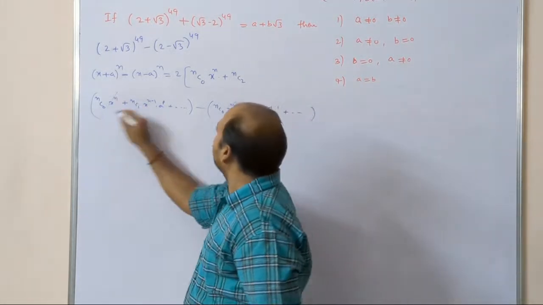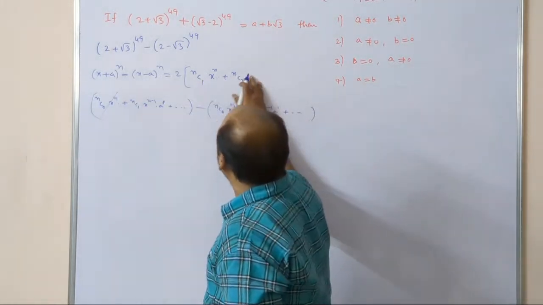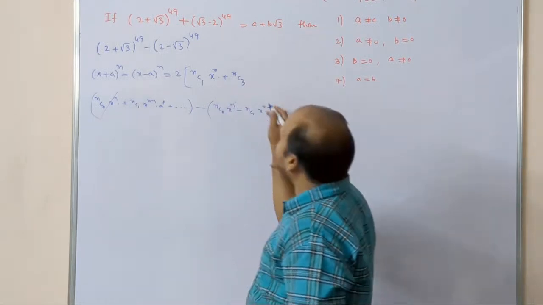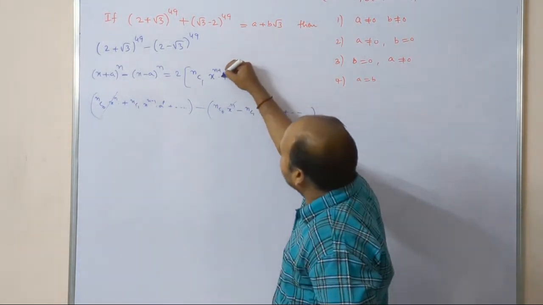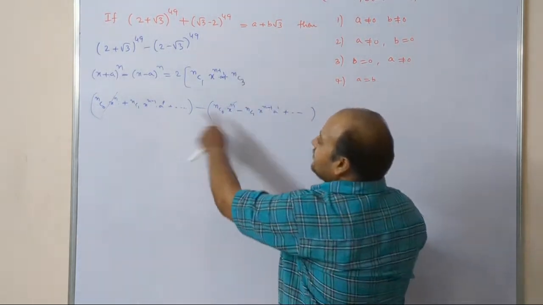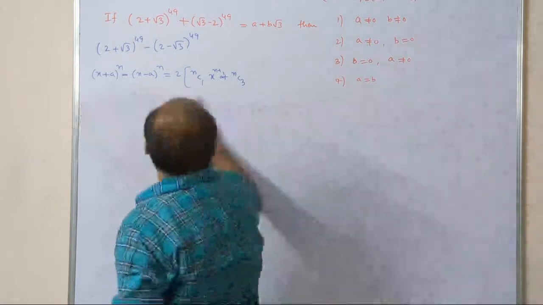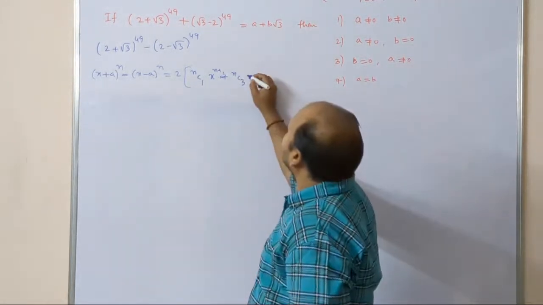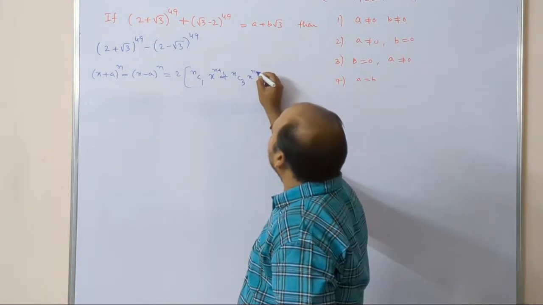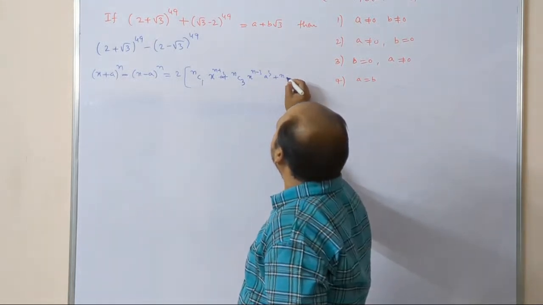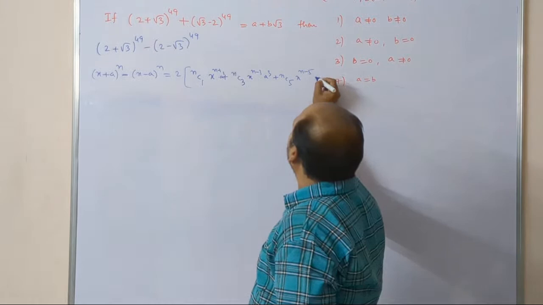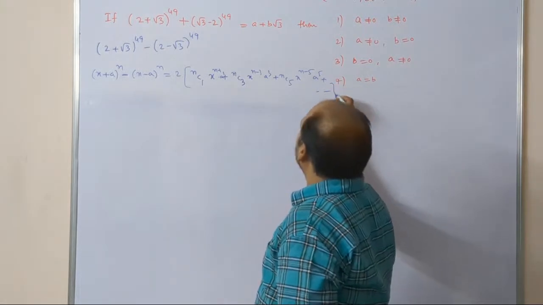So the odd terms only remain: nC1, nC3 like this. So nC3 x power n minus 3 a power 3 plus nC5 x power n minus 5 a power 5 plus and so on.